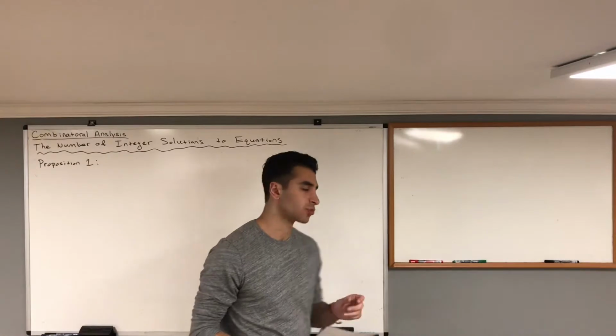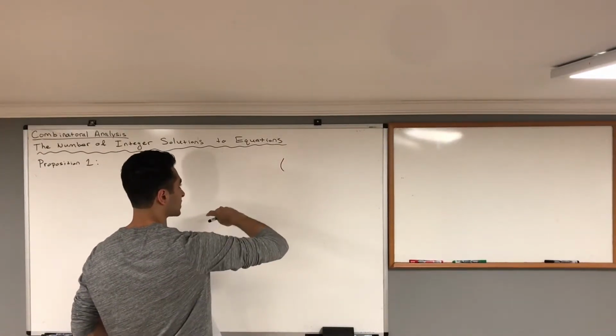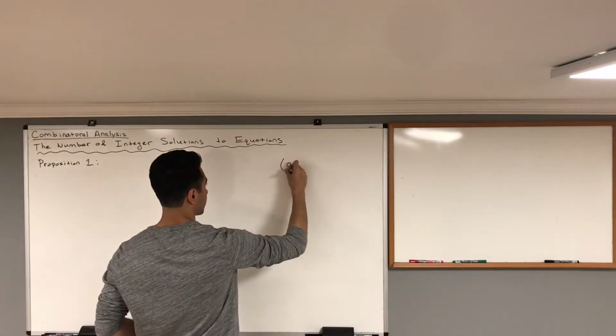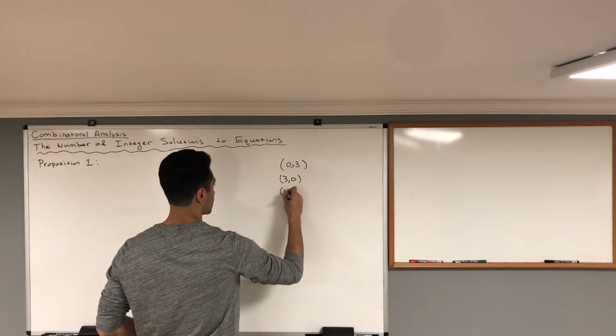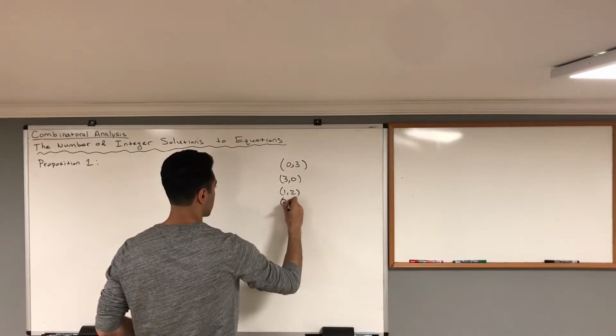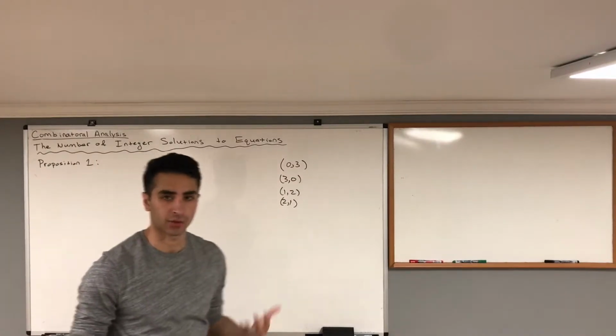Oh, right. So this is what I wanted to say. Going back to the last example, I think we had 0, 3, 3, 0, 1, 2, and 2, 1. And we had 4 non-negative integer valued vectors.